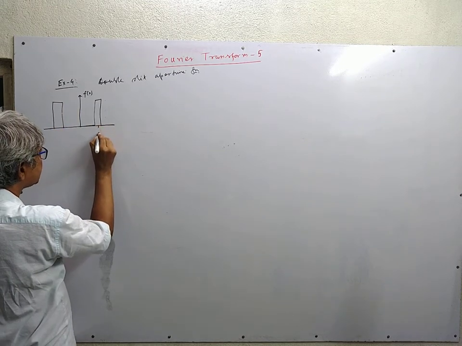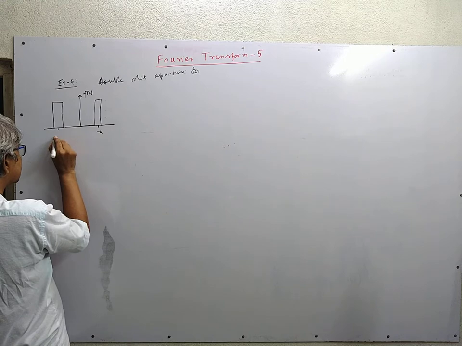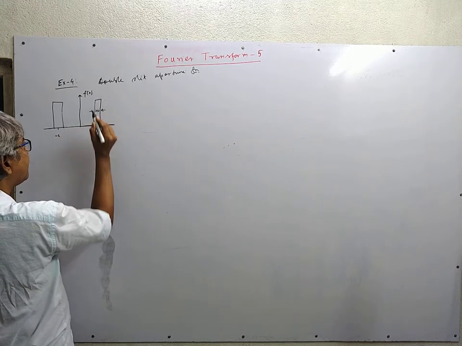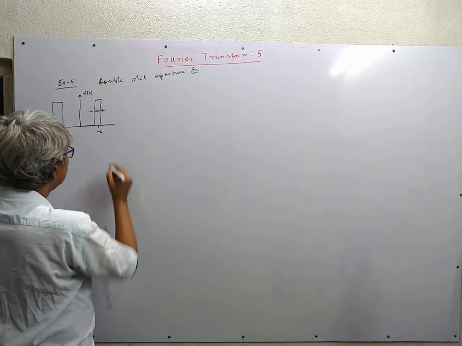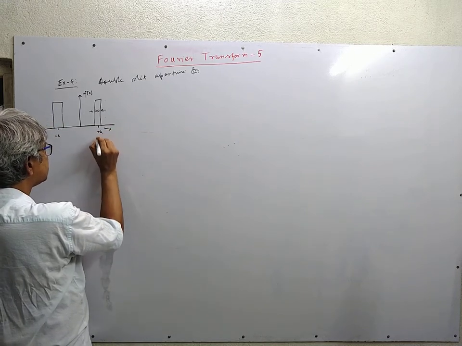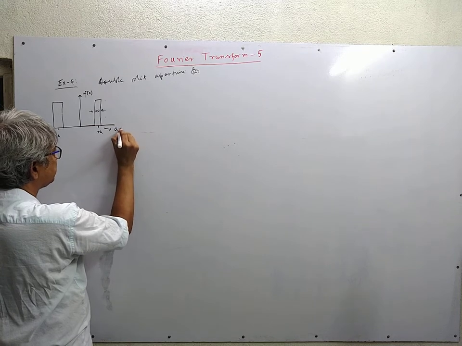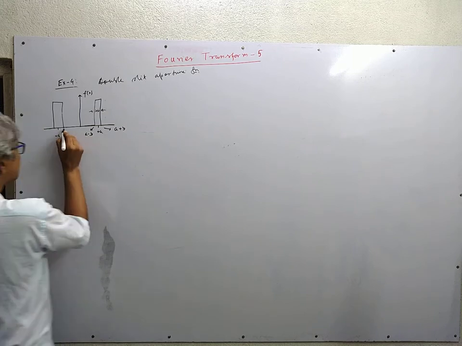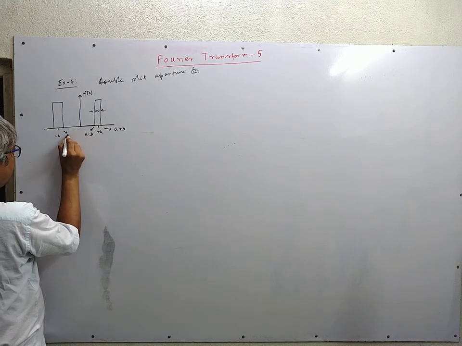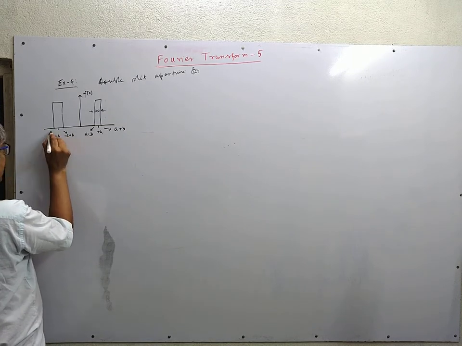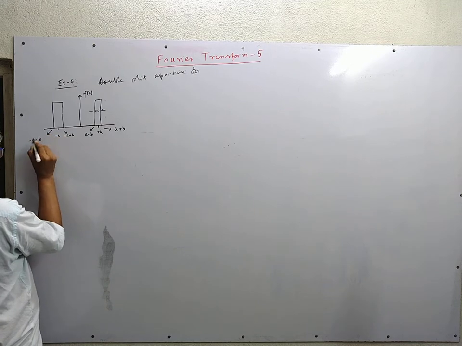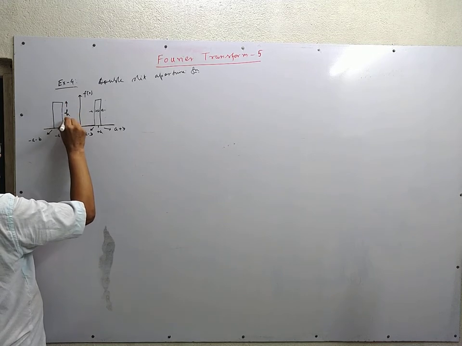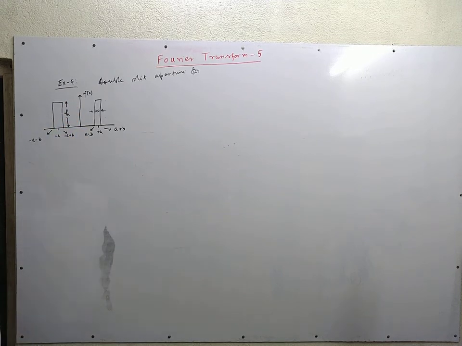One slit is centered at a and the other is centered at minus a, and the width of each is 2b. So this point is plus a, this is a plus b, the right end of this is a minus b, this one is minus a plus b, and this end is minus a minus b, and the height is h. This is the double slit pattern.